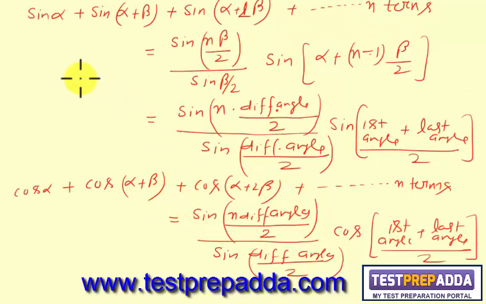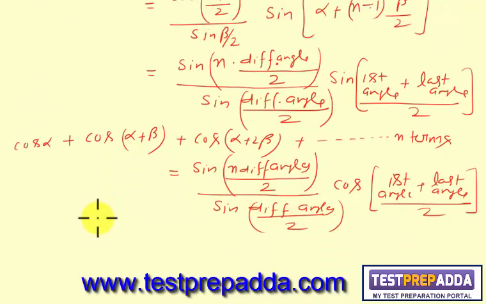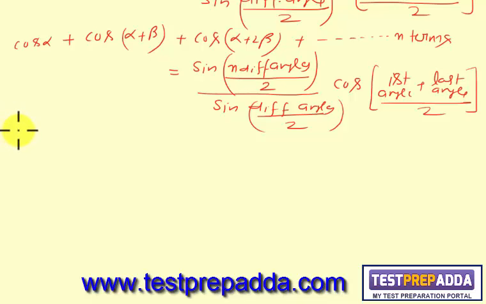Now I'll prove this. Consider this first one. Let me select another pen for you. I'm taking this as S, summation. So if I take this as summation, then S will be equal to that series.